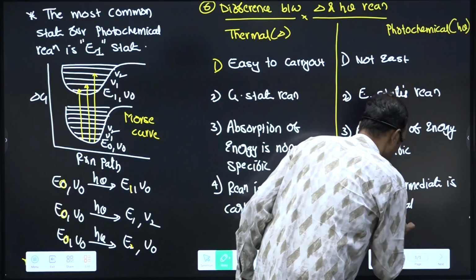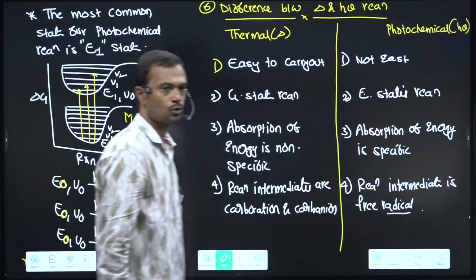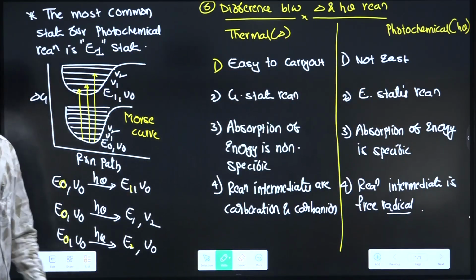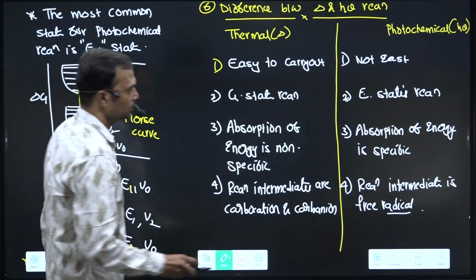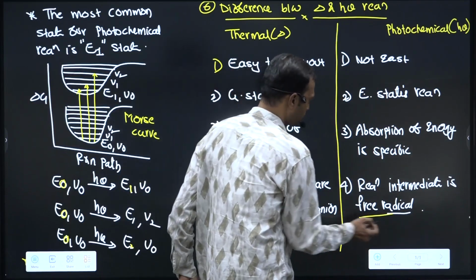So in photochemical reactions, radicals are intermediates. There is no formation of cation and anion. Reaction intermediates are carbocation and carbanion under thermal, but under photochemical they are radicals. These 2 points are important for the exam.